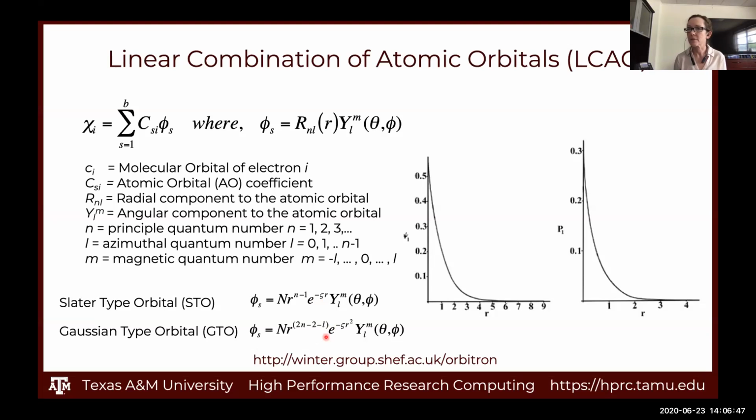There are a couple of pieces of software out there that do use Slater type orbitals for other reasons, and it becomes very difficult to do frequency calculation and some other intensive calculations with the Slater type orbitals, and you have some numerical issues. So we are going to move forward with Gaussian type orbitals, which is what is implemented in most pieces of software.